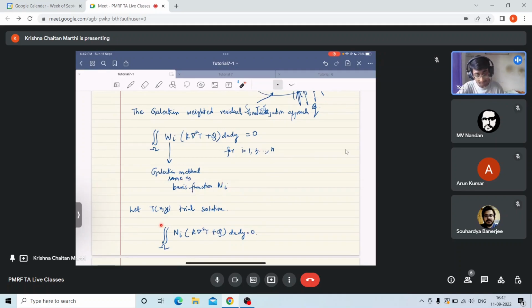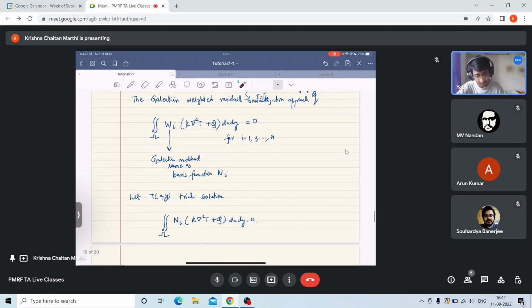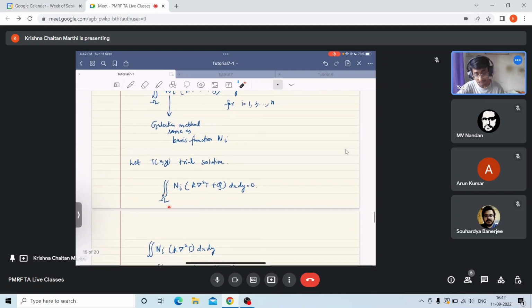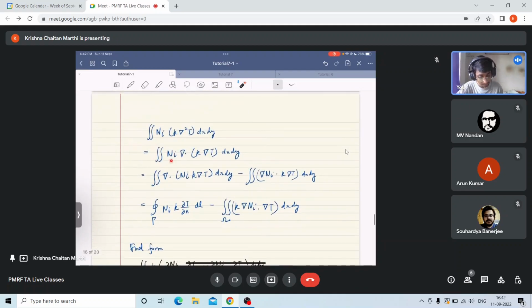Let T of x comma y be my trial solution. So I can write the double integral over the surface of Ni (k nabla square T plus q) dx dy equal to 0. I can break this into Ni nabla dot (k nabla T) dx dy, and this term as nabla dot (Ni k nabla T) dx dy minus the double integral of nabla Ni dot k nabla T dx dy.